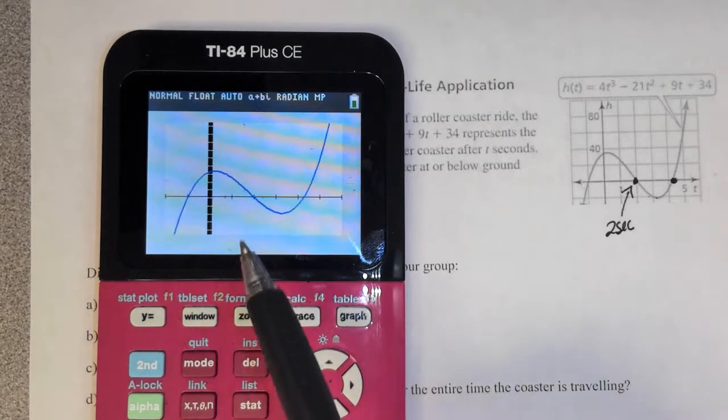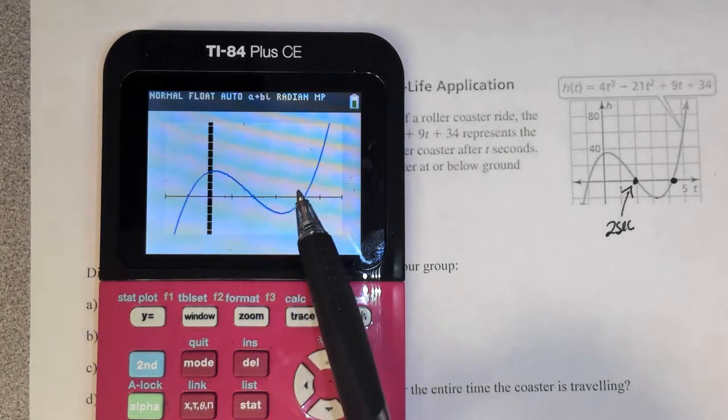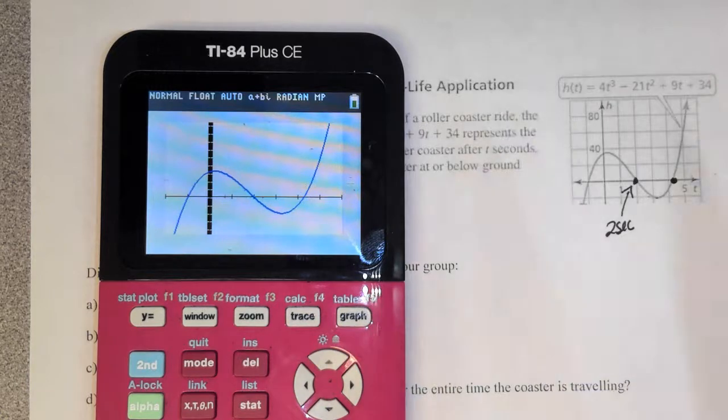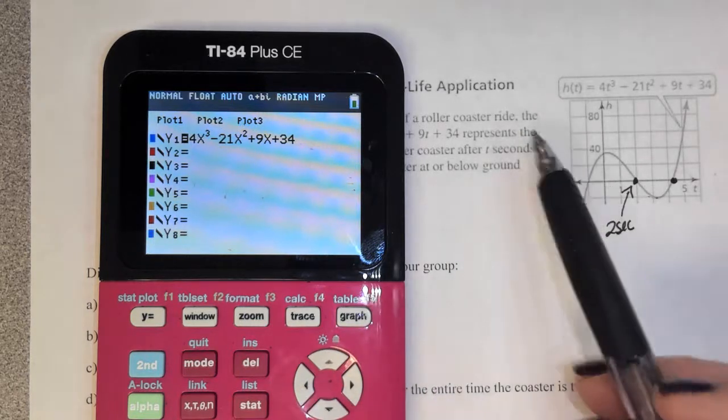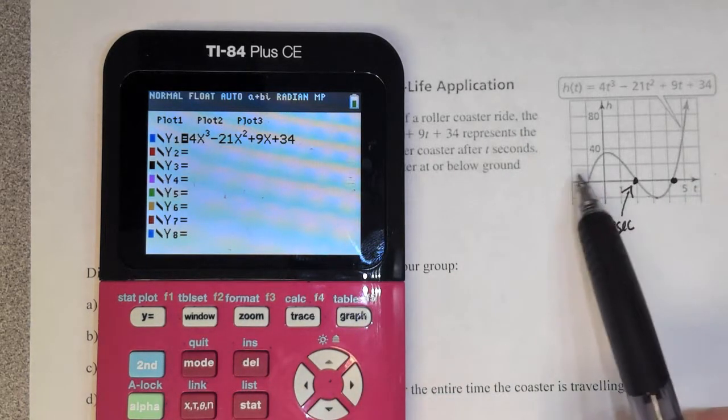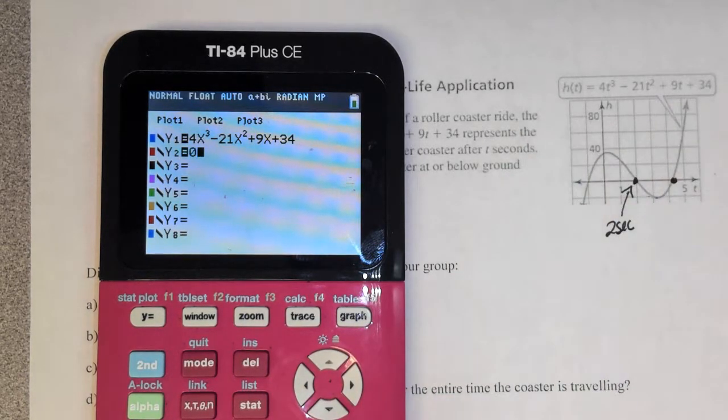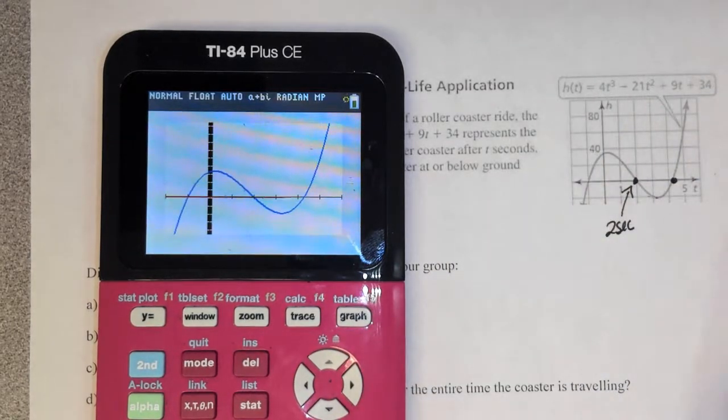So I want to know when it's below ground level. I know that's at 2. How am I going to find exactly what that is? It's not a y-intercept, it's an x-intercept. I'm going to go to y equals, and what do I want the height or the y to be? 0, so I'm going to put in 0. And so now I just want to find that point of intersection.